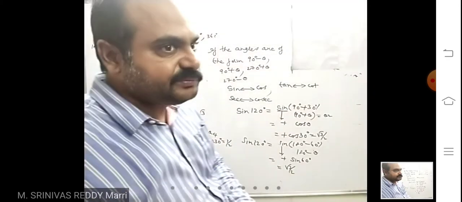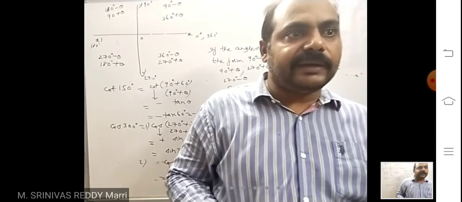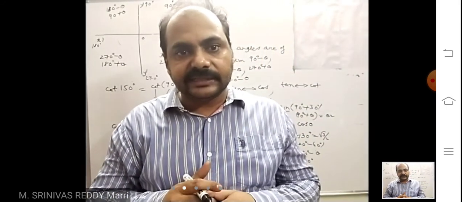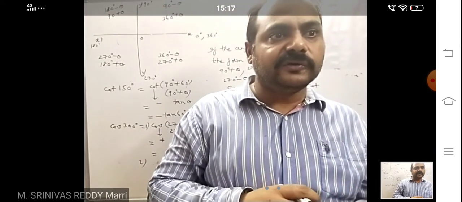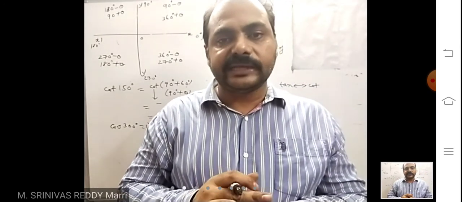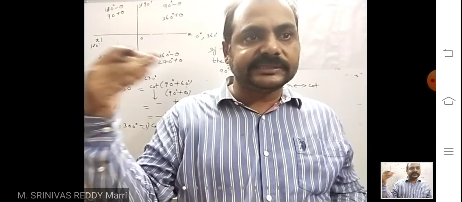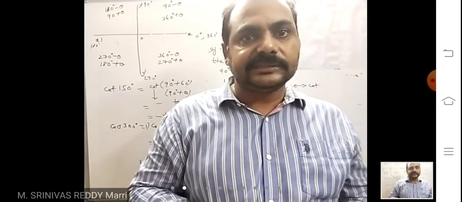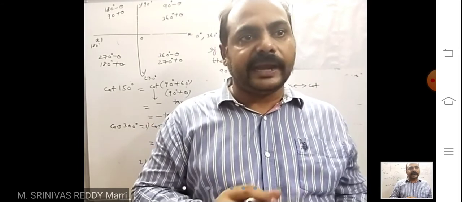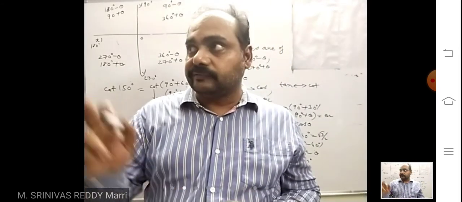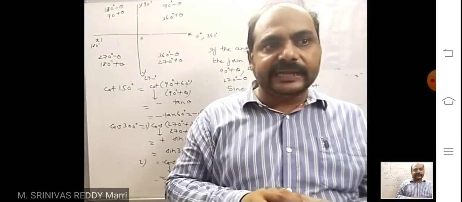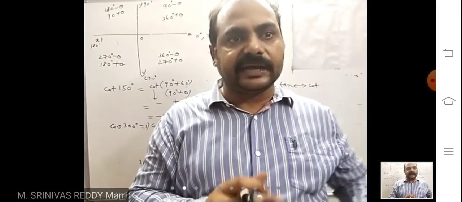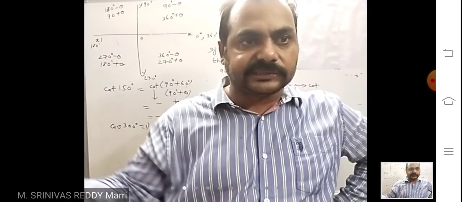So two propositions we have learned. 180 minus theta, 180 plus theta, 360 minus theta, 360 plus theta. Sine of those angles, cos of those angles are nothing but sine means sine theta. Before that sine, whatever in the quadrant it lies, it is positive or negative, you have to write. If the angles are of the form 90 minus theta, 90 plus theta, 270 plus theta, 270 minus theta, sine of those angles is write cos.